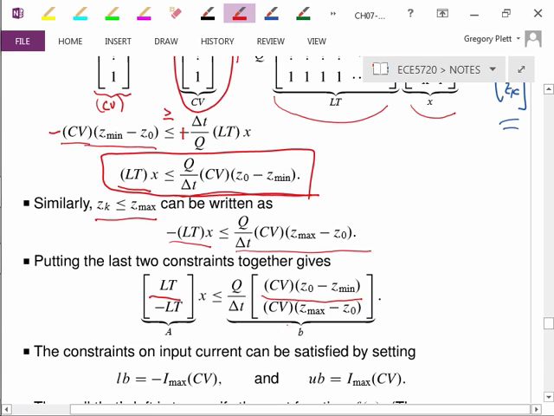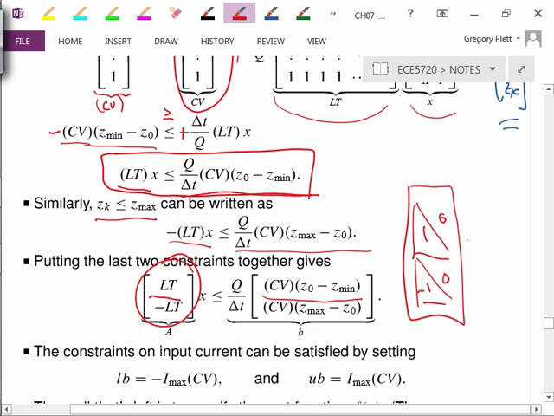Stacked on top of each other, I get this overall matrix which has ones and zeros and minus ones and zeros in it, basically on the left hand side, all multiplied by X, and so forth on the right hand side. This matrix is the A matrix for the linear inequality, and the right hand side is the B matrix for the linear inequality.